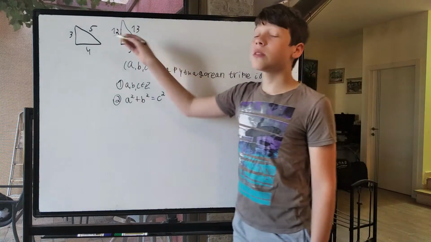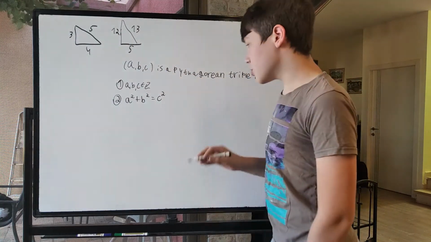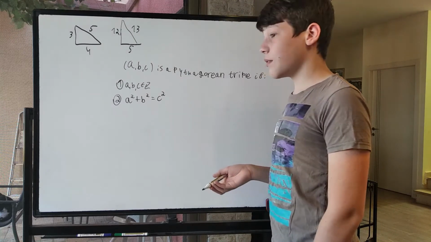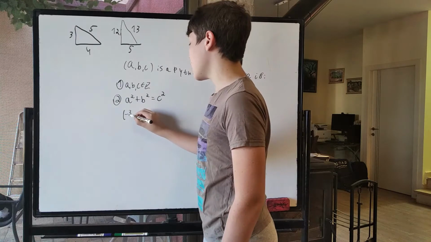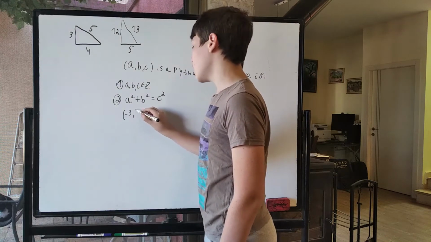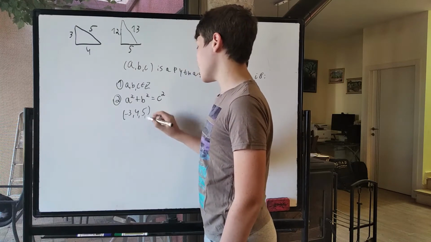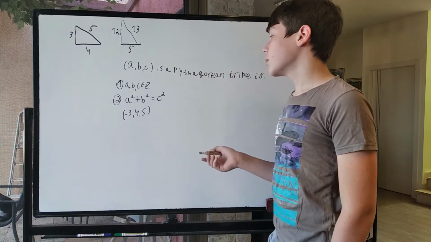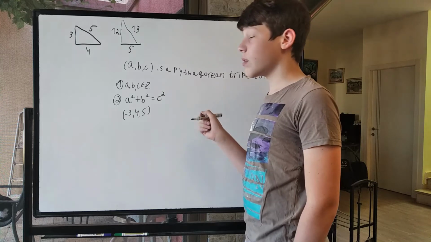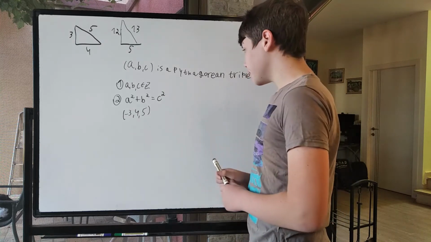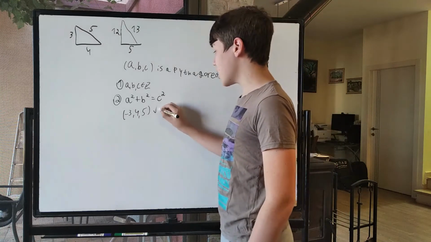So these are examples of Pythagorean triples, but from this definition, we could also say perhaps -3, 4, 5 is also a Pythagorean triple, as they're all whole numbers, and -3 squared plus 4 squared is 5 squared. So that is a good example.